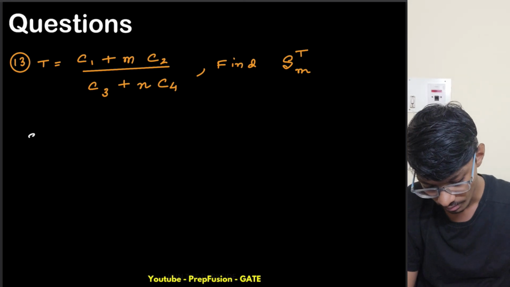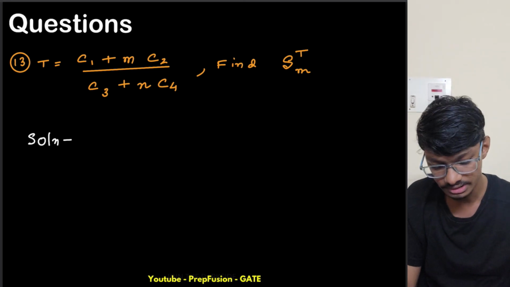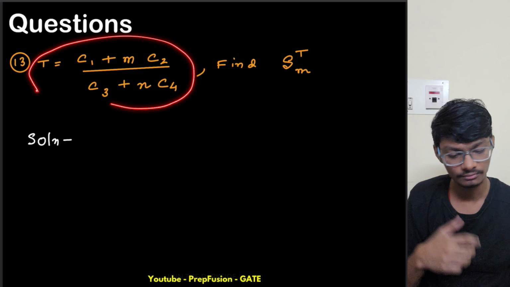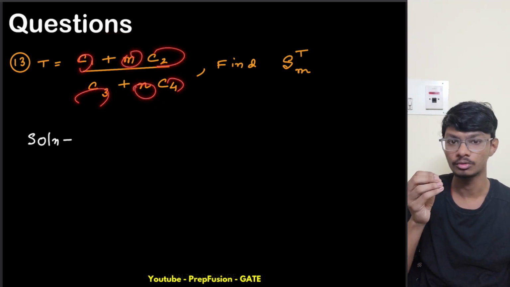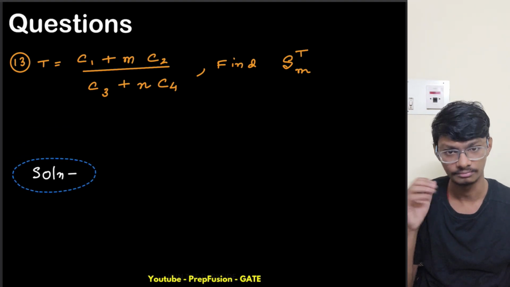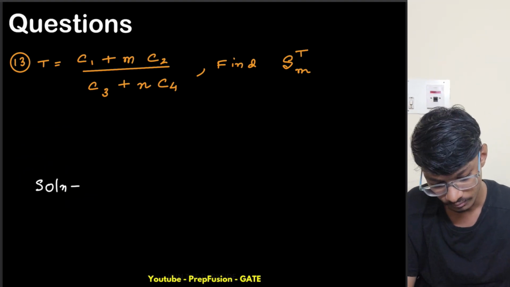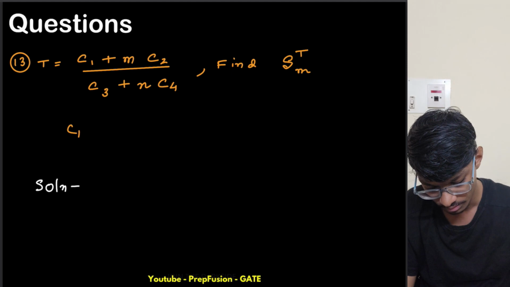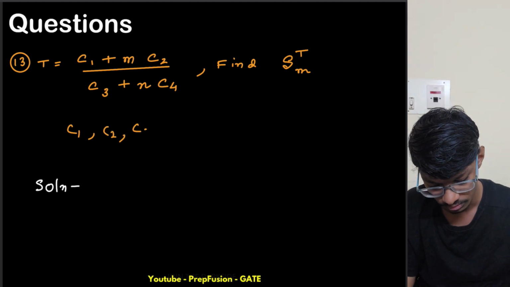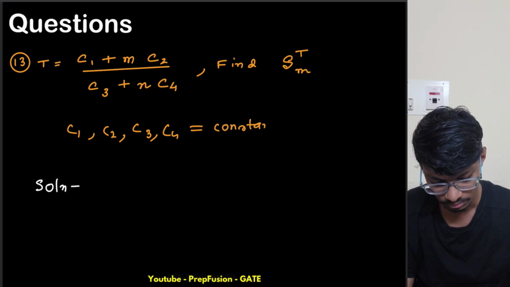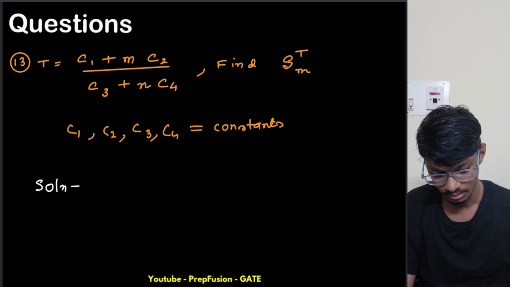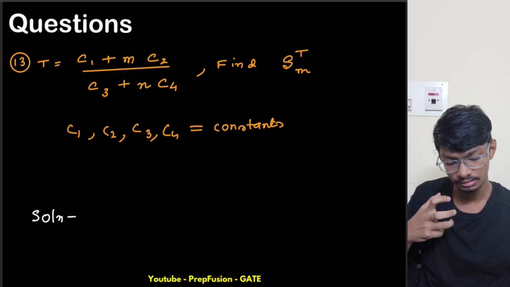What this question is asking us to do is, the transfer function is given in terms of m and n, and c1, c2, c3 and c4 are constants. I should have mentioned this a bit better. m and n are variables.